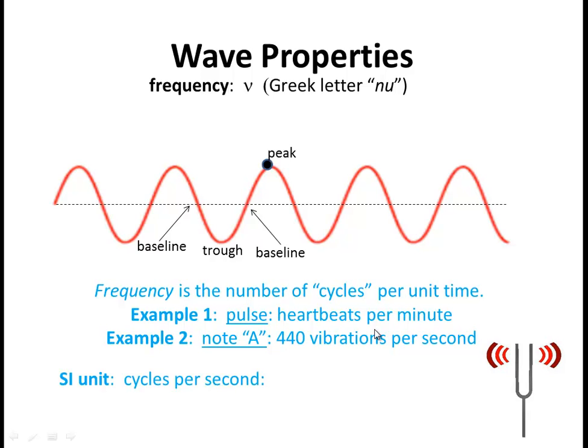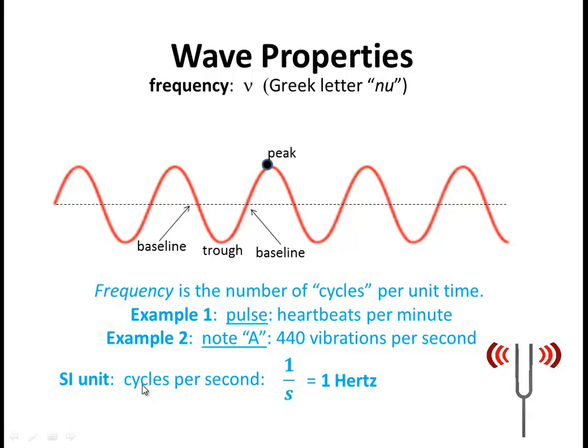Now, there are units for frequency. This is the symbol for frequency, but the actual units are cycles per second. The units are a little bit strange. It's 1 over s, 1 over second. And cycles per second is also characterized by the unit hertz.